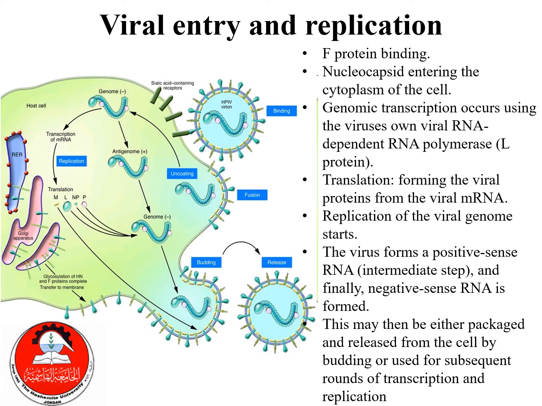The negative sense genome is complemented by the positive sense antigenome, which serves as an intermediate for the production of new negative sense genomes, and at the same time the RNA-dependent RNA polymerase is going to give a positive sense RNA, which serves as a messenger RNA, and this is going to be translated into the viral proteins.